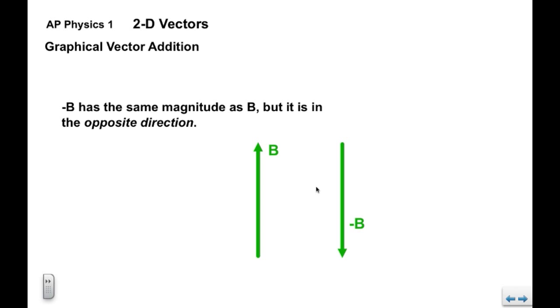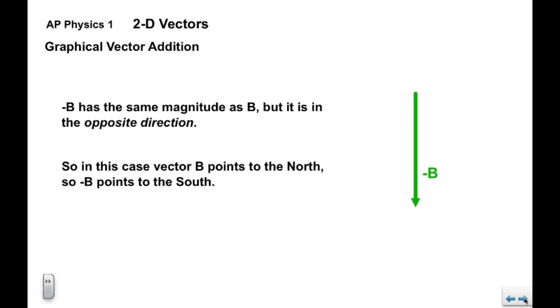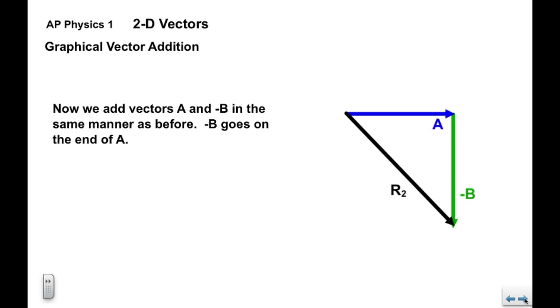Negative B has the same magnitude as vector B, but it's in the opposite direction. So B points this way, negative B points the other way. In this case, B points to the north, negative B would point to the south. We add vectors A and negative B in the same manner as we did before. Here's A, here's negative B, and this would be my vector R2.